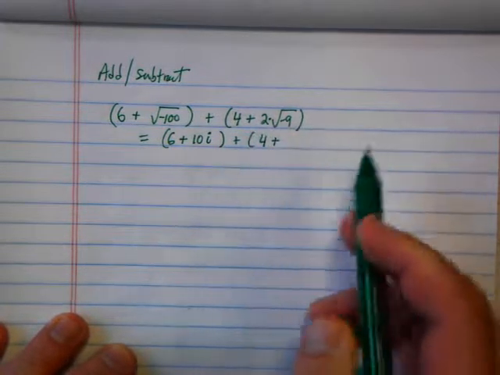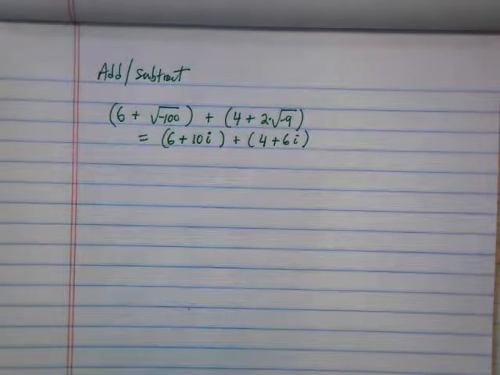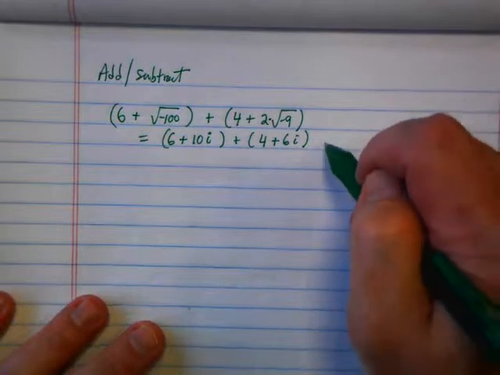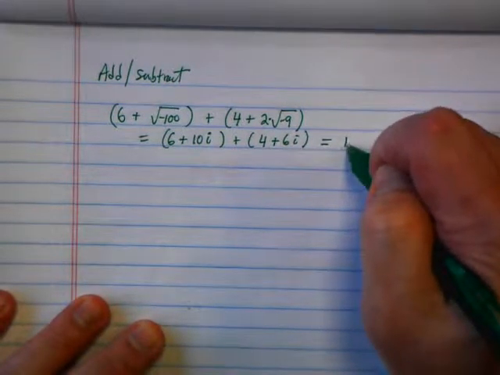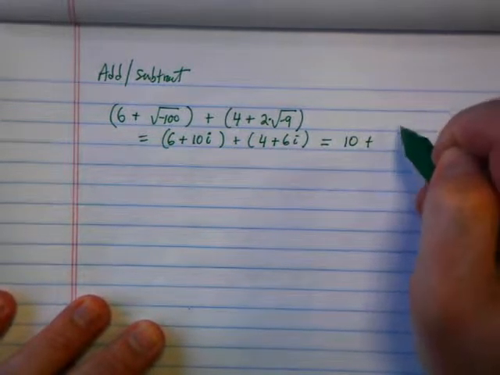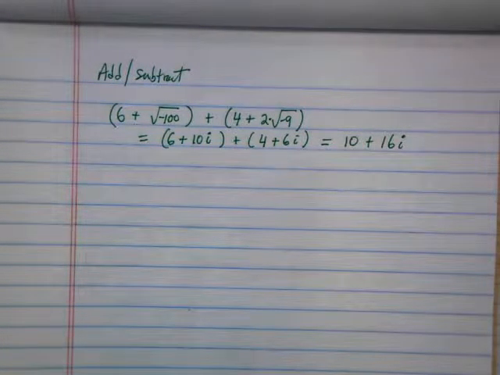But then we're multiplying that by 2, so that's going to be a 6i right there. So I agree with you. We get rid of the square roots first, we break them down, and then how do you add? Combine like terms. The fact that you have an i here is no big deal. You add them just like you would if they had x's in them. 10 plus 16i. So once you get them written with the i's, it's very easy to add them. You add them just like you do any old expressions.